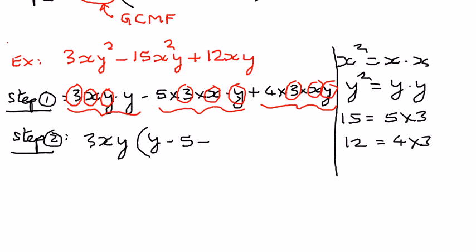What is left in the first expression is y. What is left in the second expression is 5, there is an x to the power of 2.